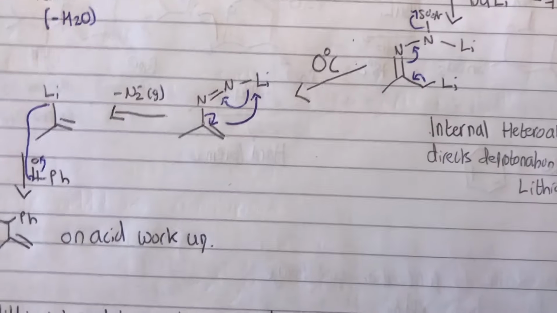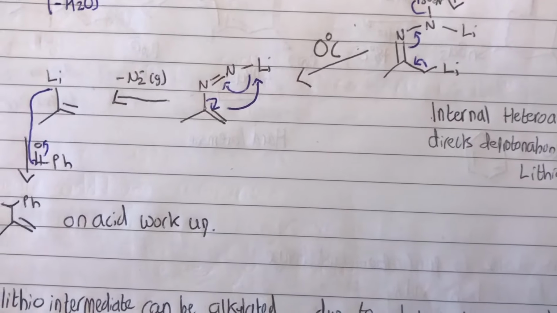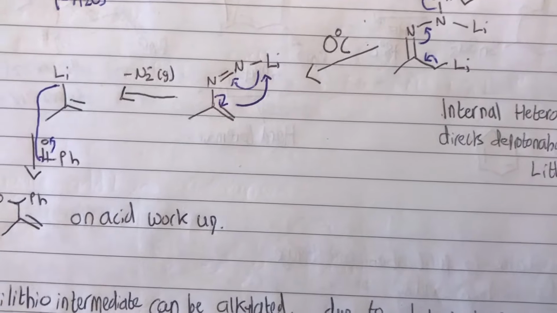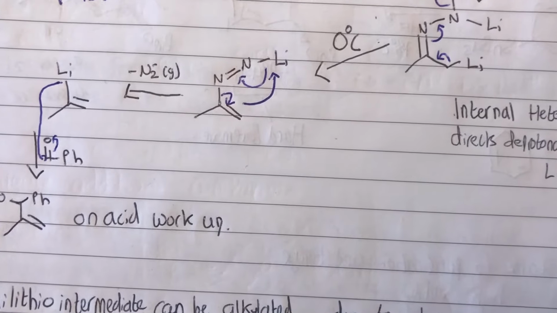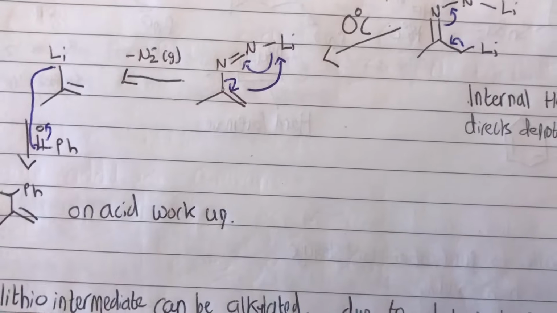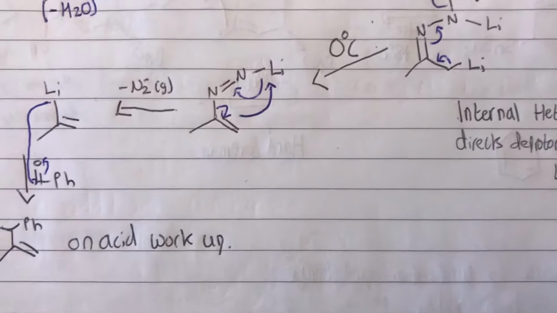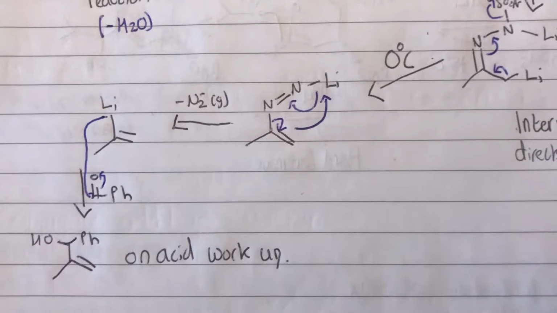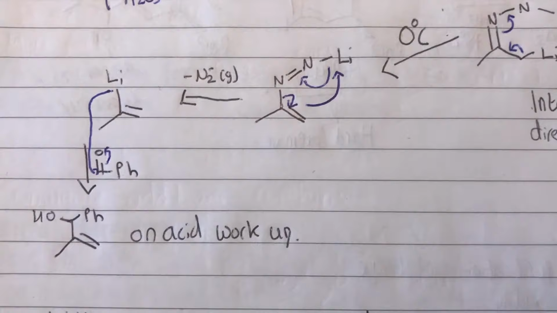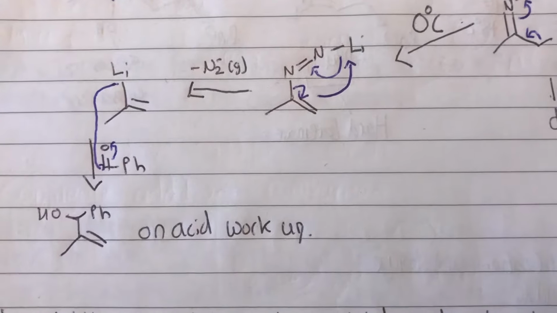The second lithium can then give its electrons to the dinitrogen here, which can then break the bond between the carbon and the nitrogen, and then we reform the bond between the lithium and the carbon. The driving force for that part of the reaction is that we're making N2 gas, and the dinitrogen molecule has the strongest bond in the world, the N-N triple bond.